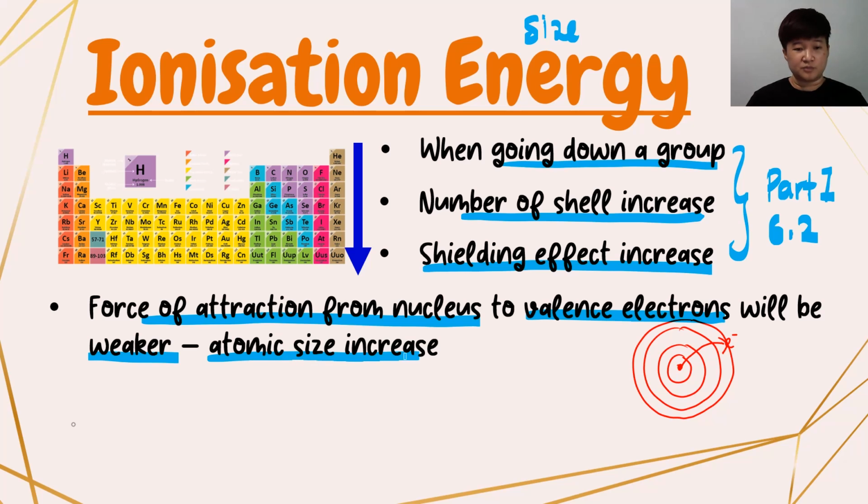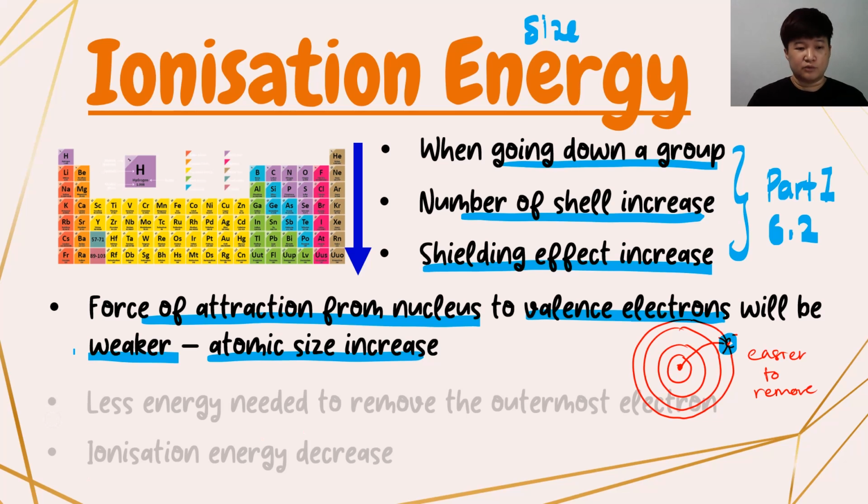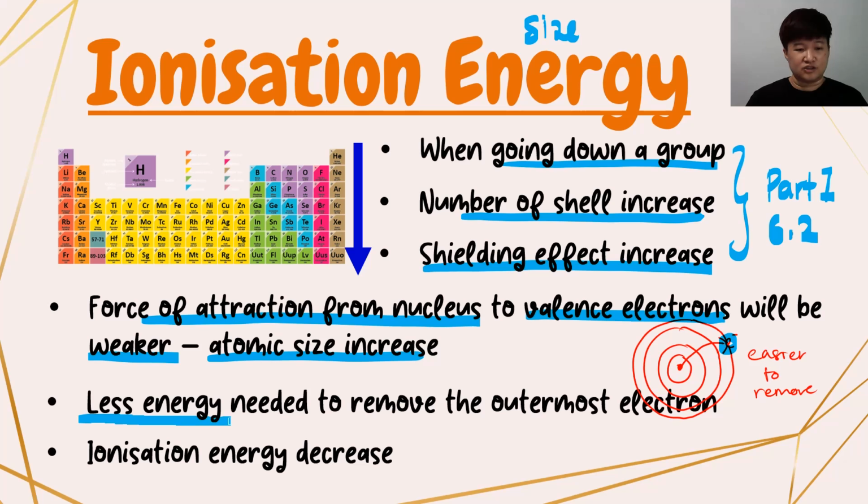When the size is bigger, is it easier to remove the valence electron or is it harder to remove the valence electron? Since it's very far and the force of attraction is very weak, obviously it's easier to remove the electron. When it's easier to remove the electron, you will need less energy.